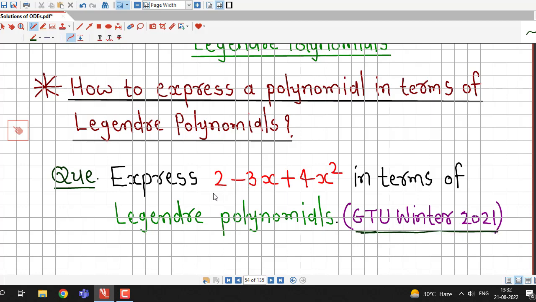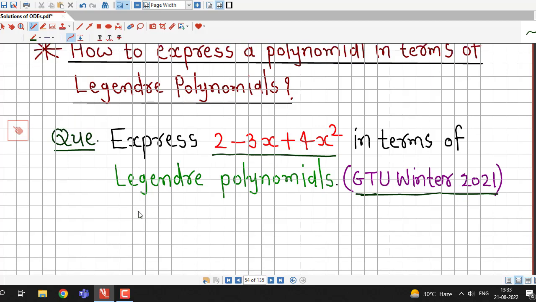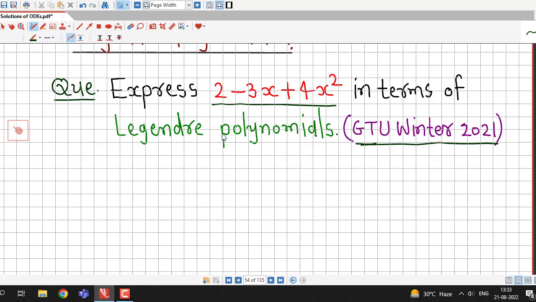Here we are given this polynomial of second degree, 2 minus 3x plus 4x square, and we have to express this polynomial in terms of Legendre polynomials. So the first thing you have to observe is the degree of the given polynomial. This is a second degree polynomial, so we will require Legendre polynomials of degree 0, 1 and 2.